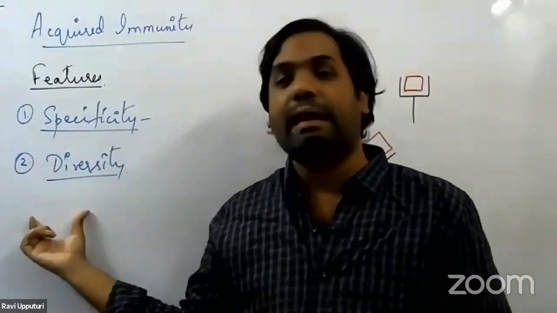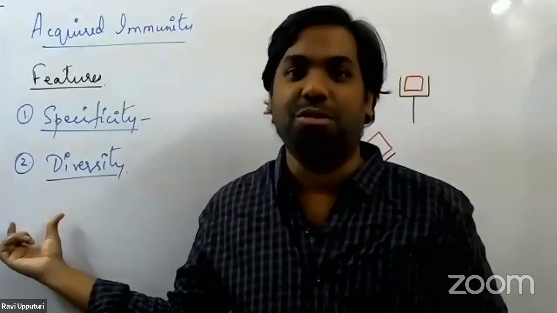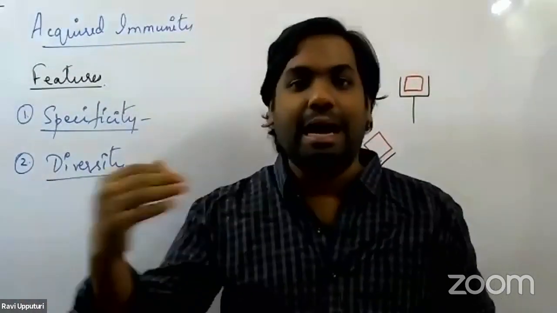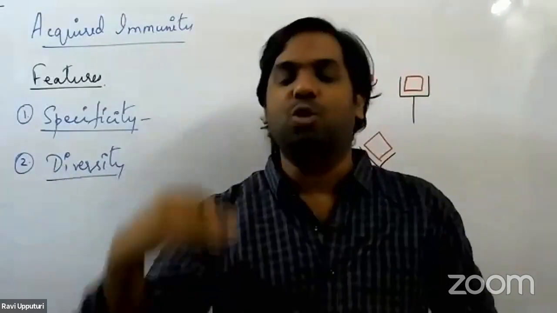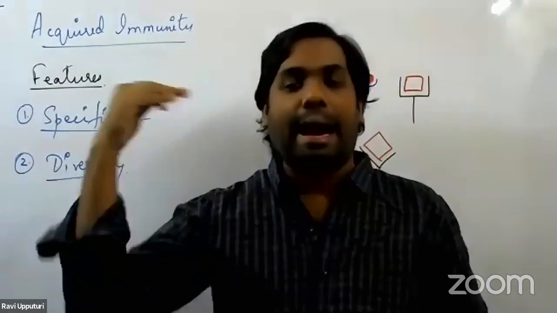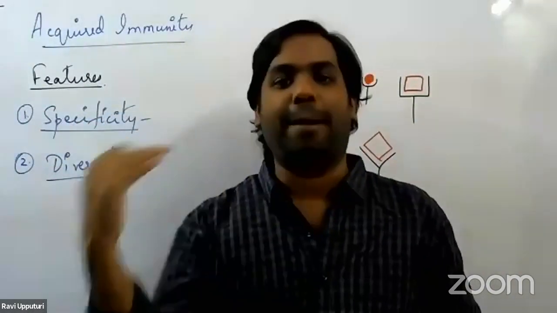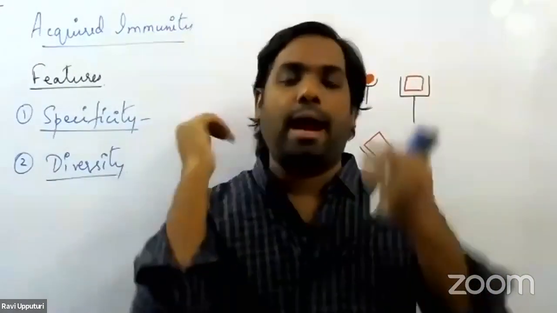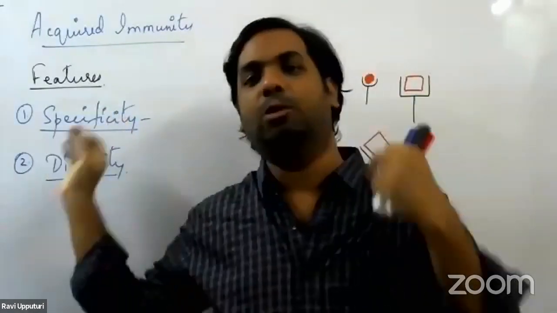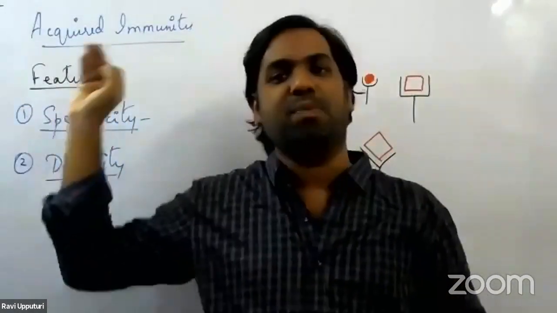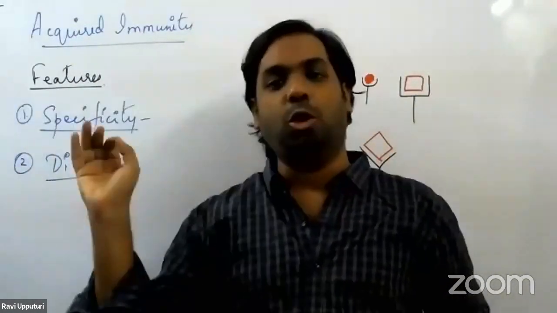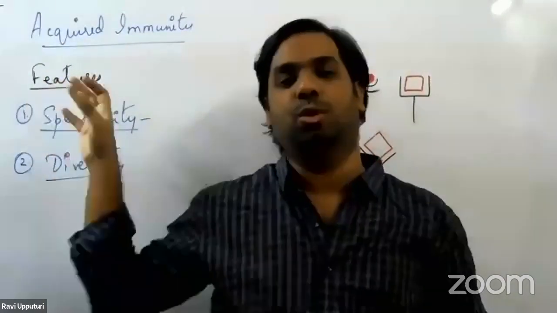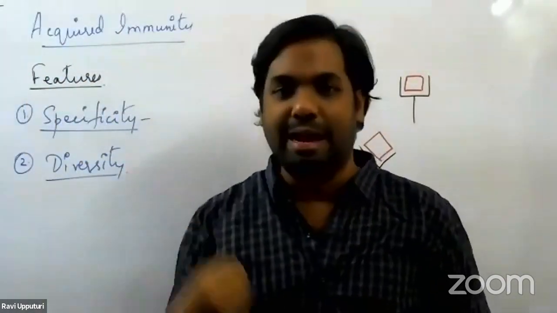That's another characteristic feature of the acquired immune system, diversity. Right? So they are said to be diversified. They have the ability to identify diverse pathogens or foreign particles that have actually entered into the body. And based on that, they will be able to synthesize specialized cells as well as antibodies, which go and actually fight against those particular foreign particles that have entered into the body.